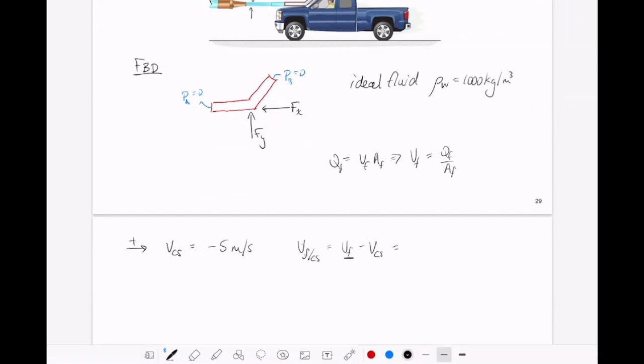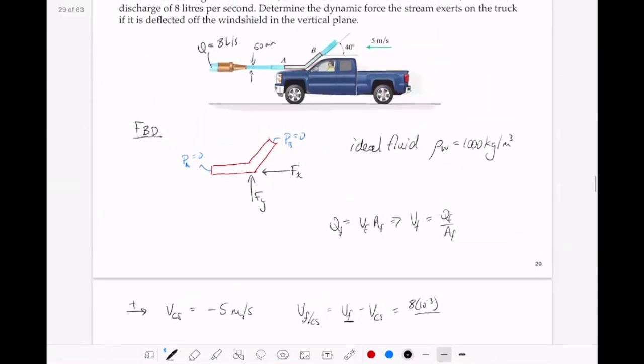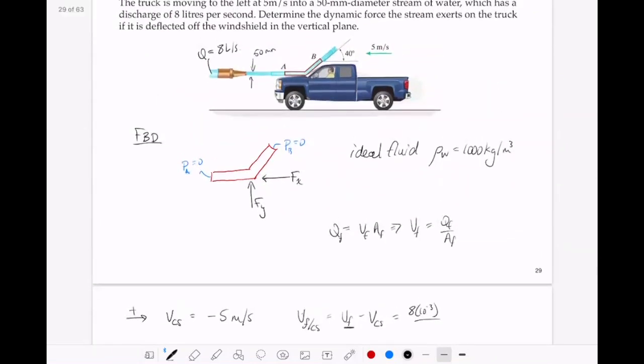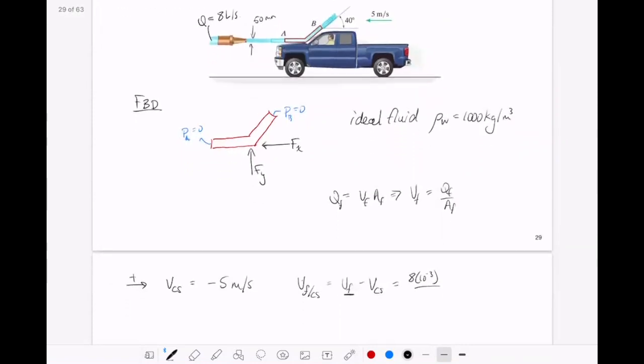So we can write this as 8 liters per second, which is 8 times 10 to the minus 3 meters cubed per second, divided by our area in meters squared. Our area is 50 millimeters in diameter.